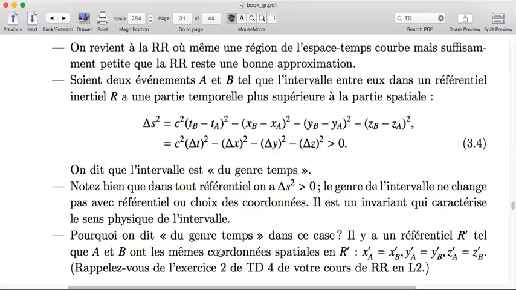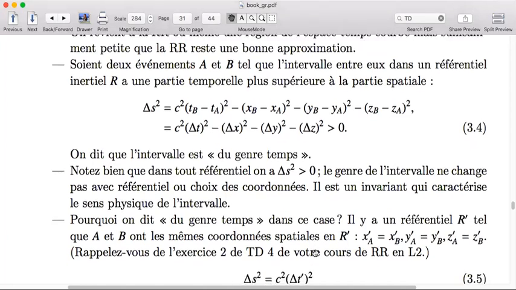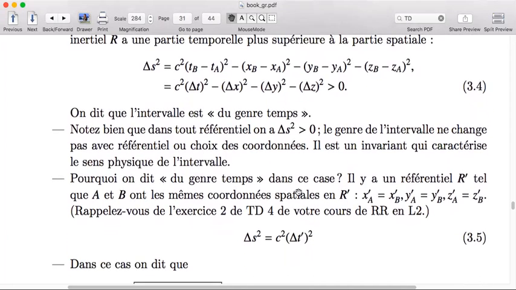So this is something that characterizes their nature, and in English we simply say time-like, and it's time-like because we actually did an exercise in which we showed that when ds squared is positive, the time part dominates.